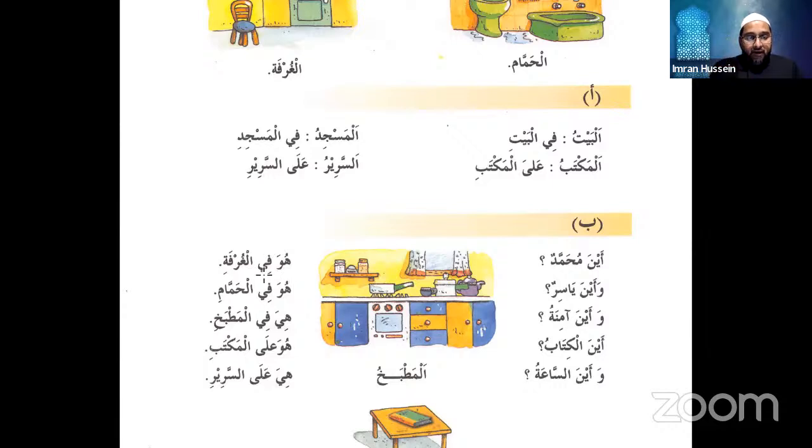Then here, fil ghurfati. Fi is a preposition, and al ghurfati is getting a kasra because of fi. Now this is the second type of khabar. The first type of khabar was al-kitabu jamilun.